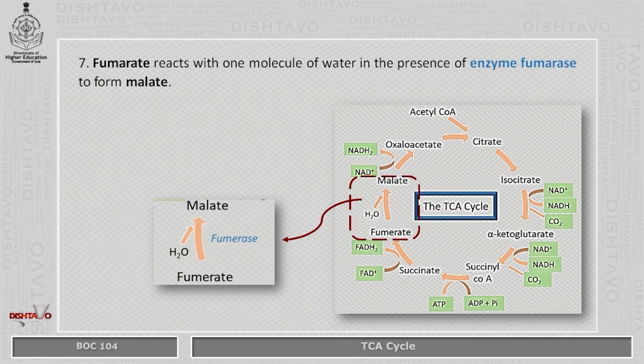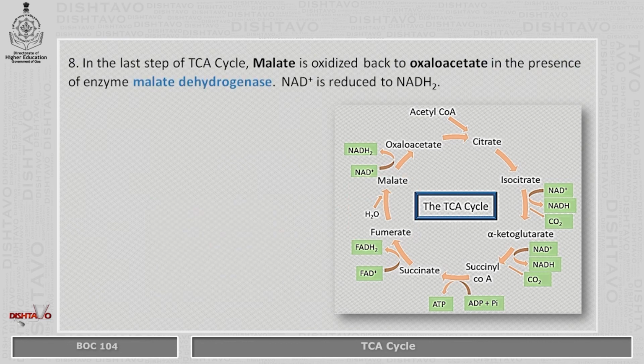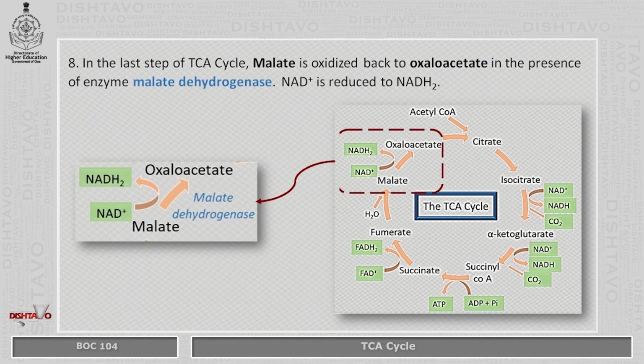Fumarate now reacts with one molecule of water in the presence of the enzyme fumarase to form the product malate. And in the final step of the TCA cycle, malate is oxidized back to oxaloacetate in the presence of the enzyme malate dehydrogenase.